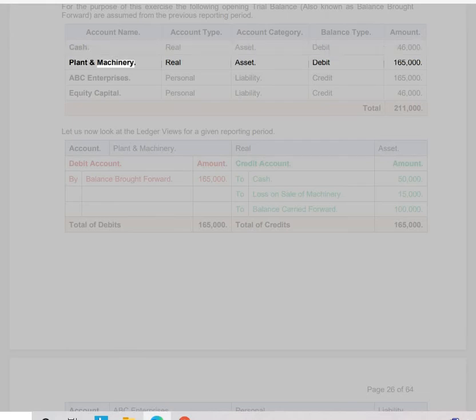Plant and machinery, real asset, debit $165,000. ABC Enterprises, personal liability, credit $165,000. Equity capital, personal liability, credit $46,000. Total $211,000. Let us now look at the ledger views for a given reporting period.